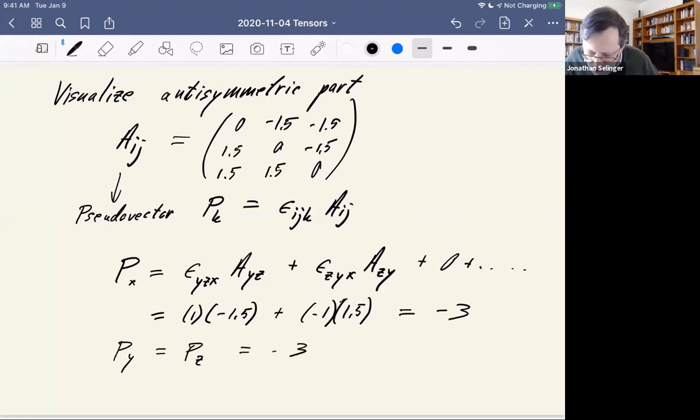So this A maps onto a vector P, which is negative 3, negative 3, negative 3. You know how to visualize that, right? It is a vector with a magnitude of 3 root 3 and a direction in the negative, negative, negative diagonal.